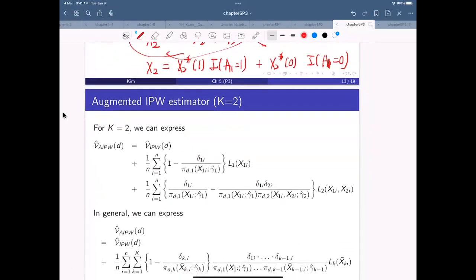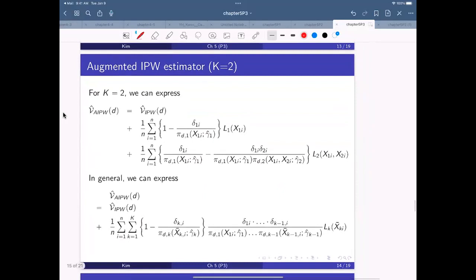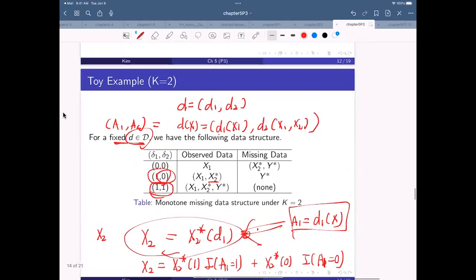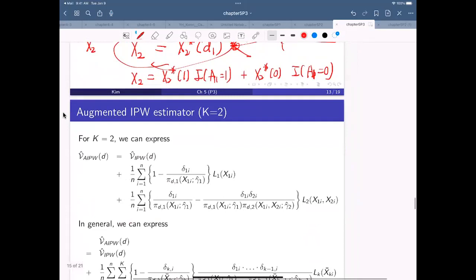So the augmented IPW estimator. Basically, first of all, this is the IPW, and then these terms use partial information. Even if everything is missing, I still observe the baseline X1, so at least this function is available to me, right?